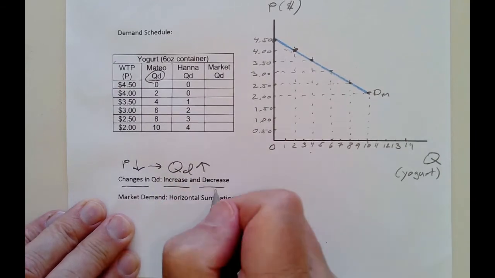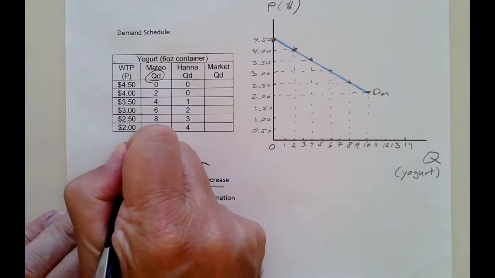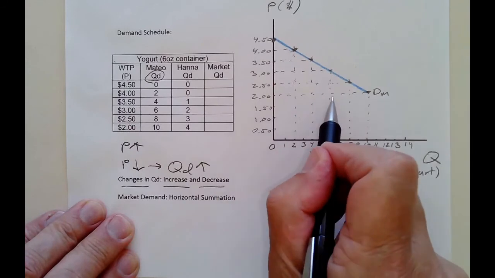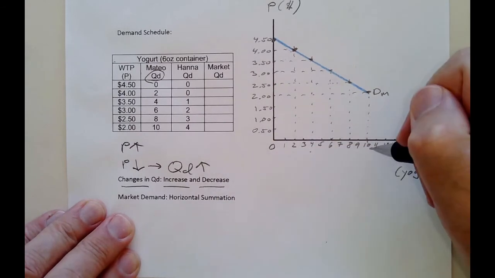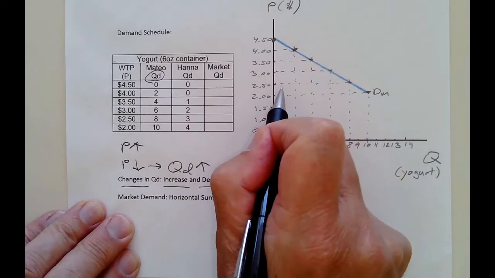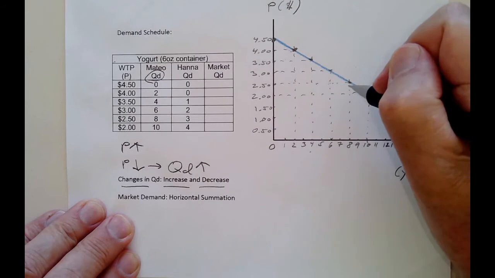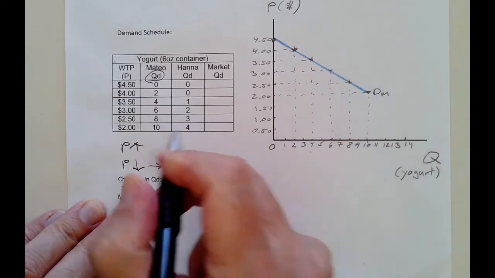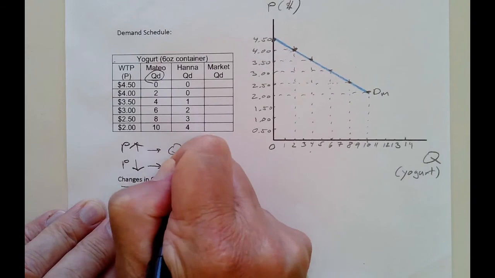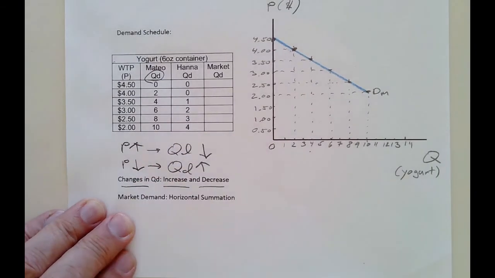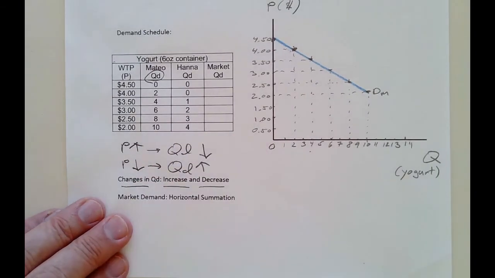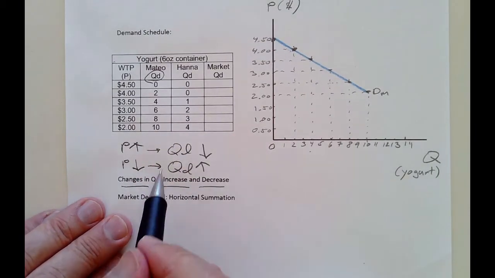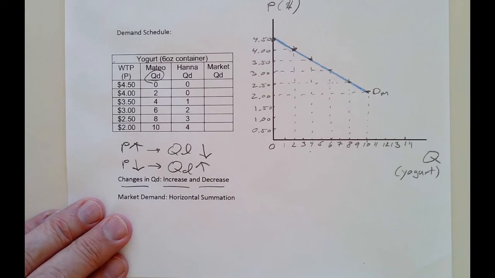And if the price goes up, so say we're at $2, Mateo is buying 10 containers of yogurt. If the price next week goes up to $2.50, Mateo is going to be buying less yogurt, 8. And so the quantity demanded would go down from 10 to 8. So one kind of change to know for this is a change in the quantity demanded. And that's what we're looking at right now. Later on, we'll be looking at change in demand.